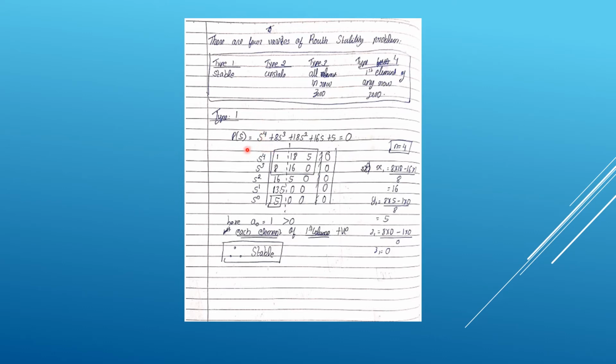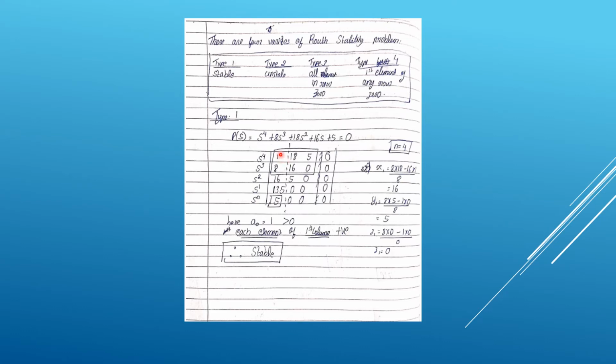In these standard conditions, consider P(s) = s^4 + 8s^3 + 18s^2 + 16s + 5 = 0. This is a standard normal question. Here the maximum power of s is n, and n is equal to 4. Therefore, first we are going to write the powers s^4, s^3, s^2, s^1, s^0.